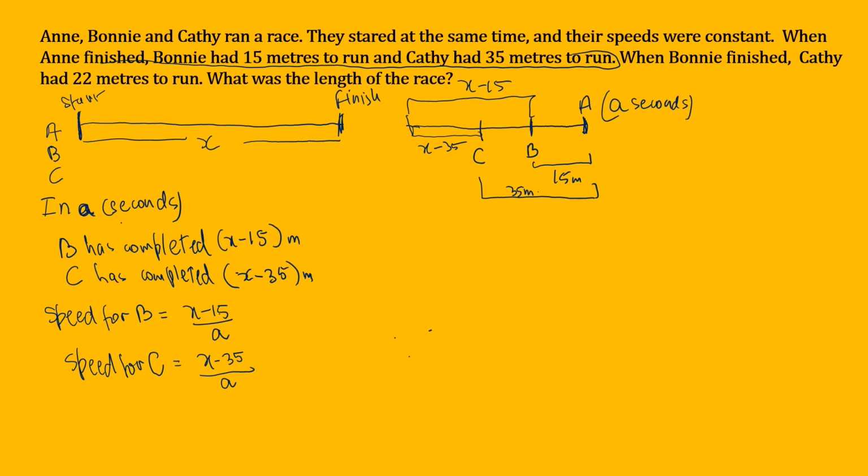So the next part of the question: A is done. A has gone home. We forget about A. Now it's B we have to deal with. So we are going to draw another line, and this will be B, when B has finished the race. When B has finished the race, Cathy has 22 meters to run. So this distance would be 22.